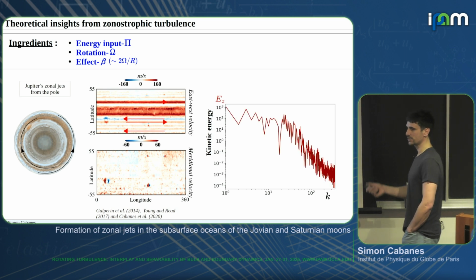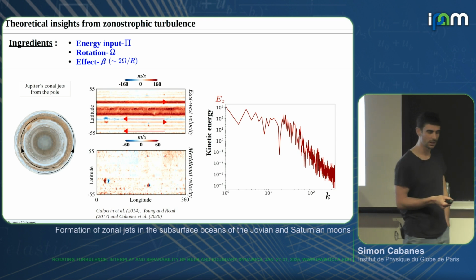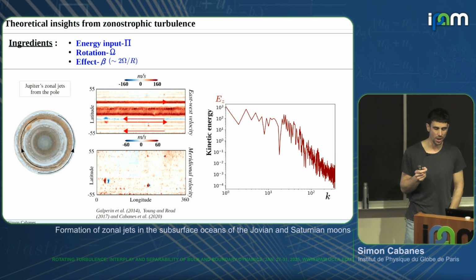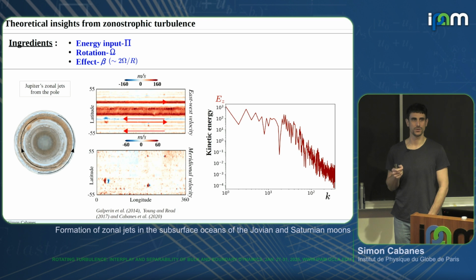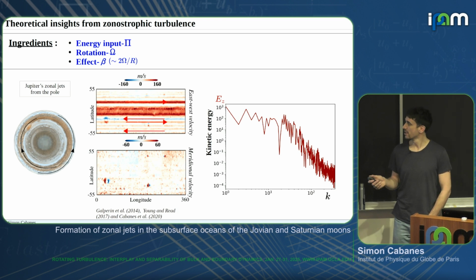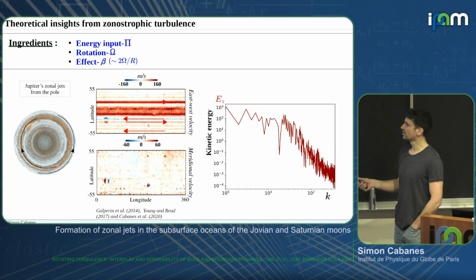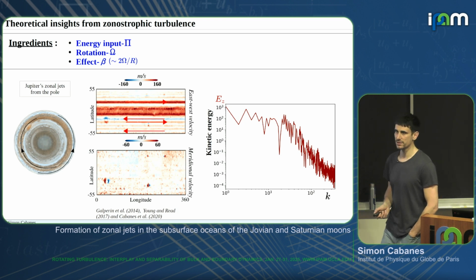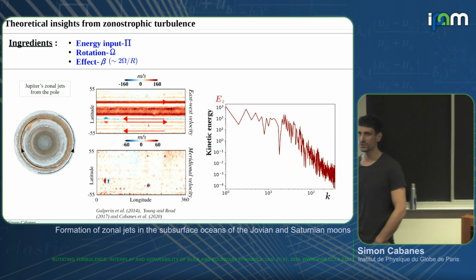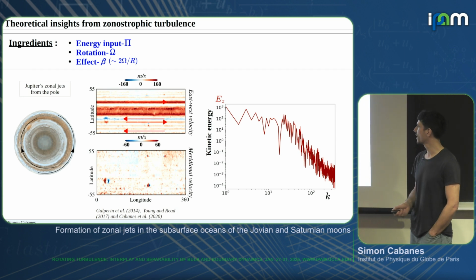And what they suggest to do in that study is to first represent the contribution of the axisymmetric part of the flow to the distribution of kinetic energy. So basically what I show here is just the energy of the axisymmetric part of the flow, and they usually call it the zonal energy. So basically this corresponds to the energy of the jets.